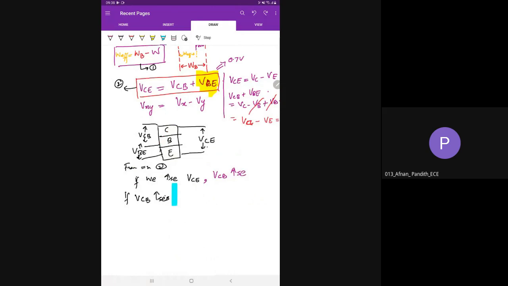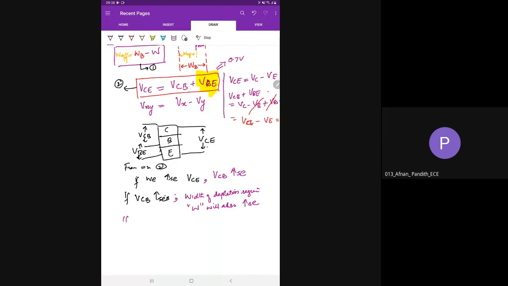So if VCB increases, the width of the depletion region, which is basically W, will also increase.